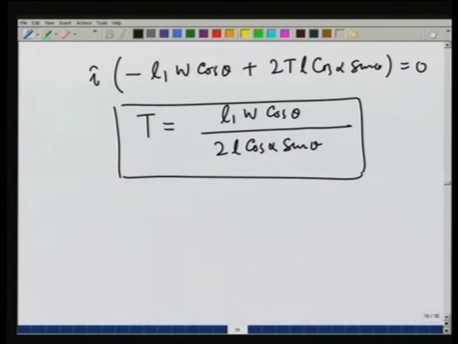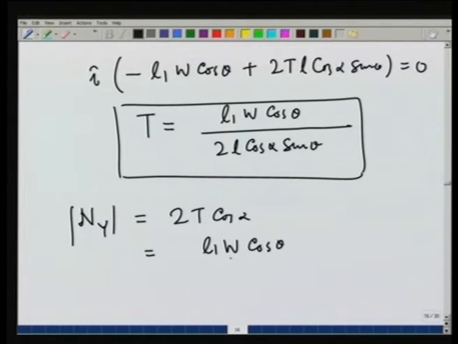Once T is calculated, you can calculate n_y, which is equal to 2T cosine of alpha in magnitude, which will come out to be L1 W cosine theta over L sin of theta, and that is your answer.